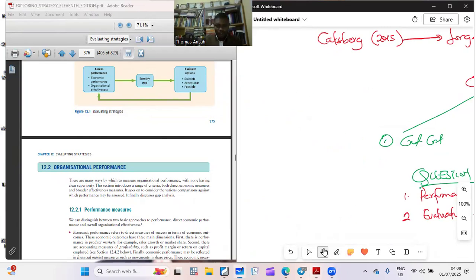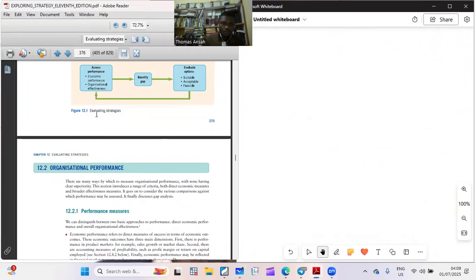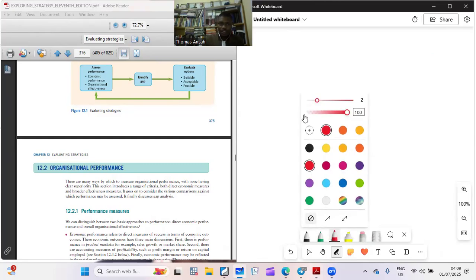So if you see the diagram here, when you are evaluating strategy, when you get the case, the first thing you must do is to assess the performance of the business.